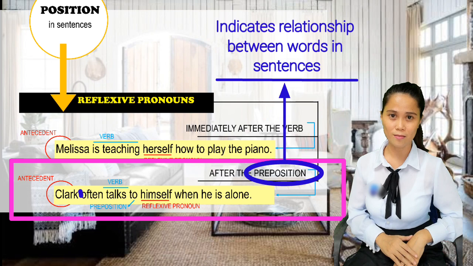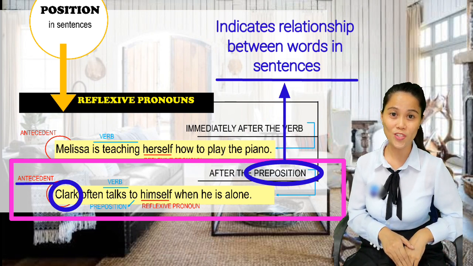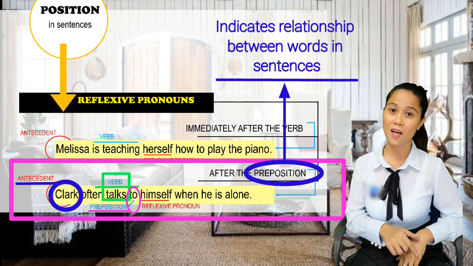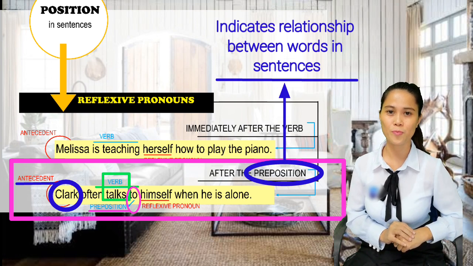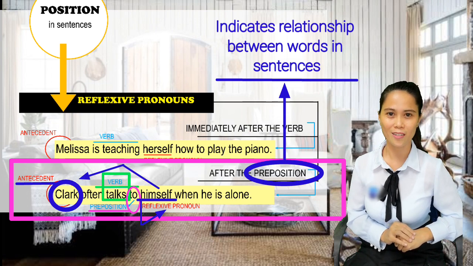Clark is the antecedent and the subject at the same time. Talks is the verb. To is the preposition. Himself there is the reflexive pronoun that is found right after the preposition to. So whom does Clark talk to? To himself. So it goes back to Clark. That makes it a reflexive pronoun.